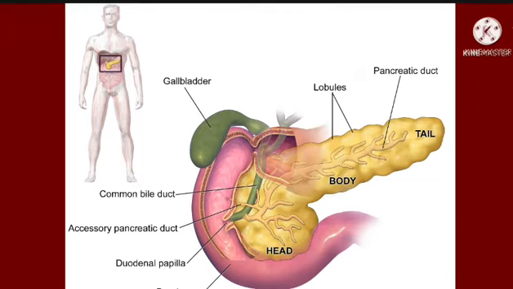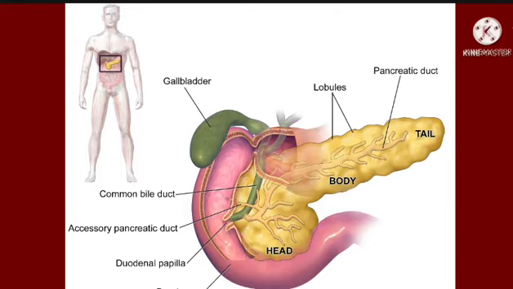The exocrine portion secretes pancreatic juice containing enzymes such as pancreatic amylase, trypsin, and pancreatic lipase. The endocrine part, called the islets of Langerhans, secretes hormones such as insulin and glucagon. The pancreatic duct directly opens into the duodenum.